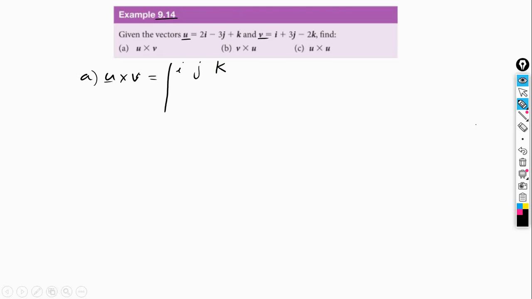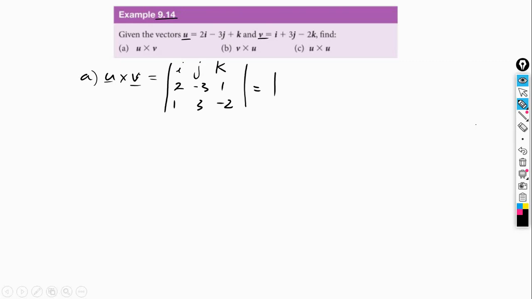Because u is first, the second row is going to be the components of vector u, which are 2, -3, and 1. And then next we write the components of vector v, which are 1, 3, and -2.